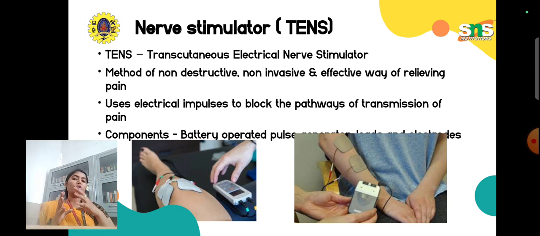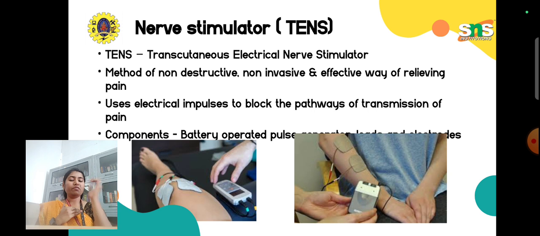The components required for the nerve stimulator: it is just a pocket-size device, a battery-operated pulse generator that keeps giving pulses. Based on the level of pain, we have to give the pulse accordingly, so it should have the option of choosing the intensity and duration as well. We also need an electrode set, making contact over the surface of the area where you want to give the impulse to relieve the pain.